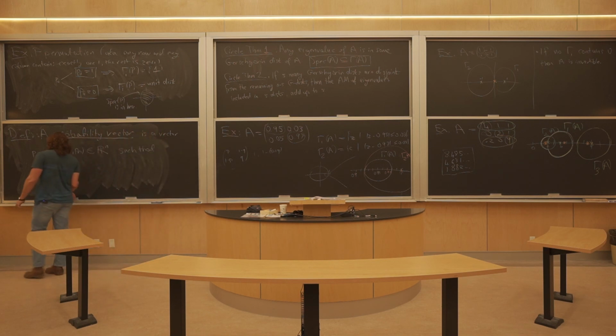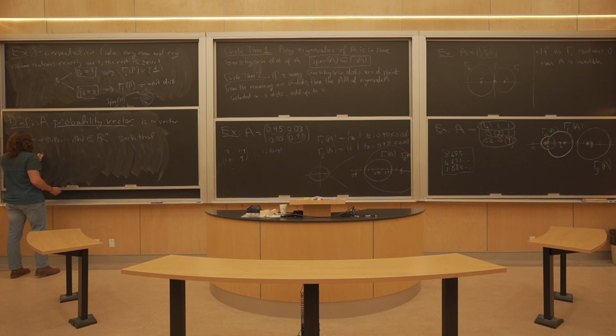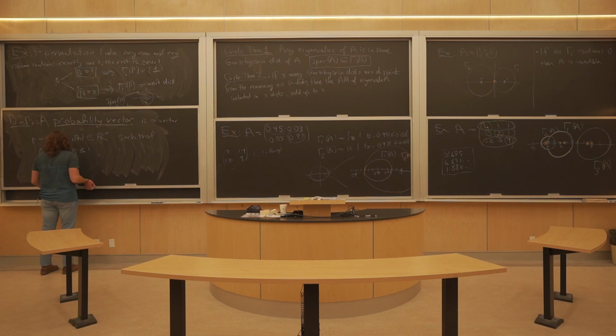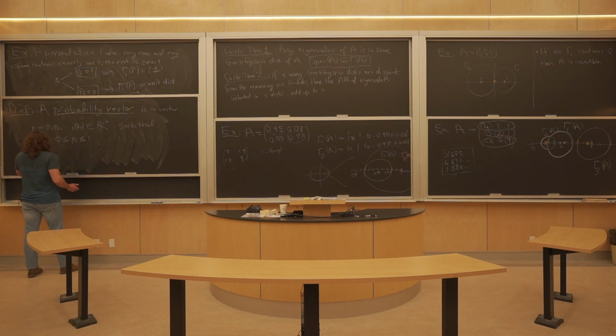Such that P_i for any i is between 0 and 1 included. And second, I want them to add up to 1.